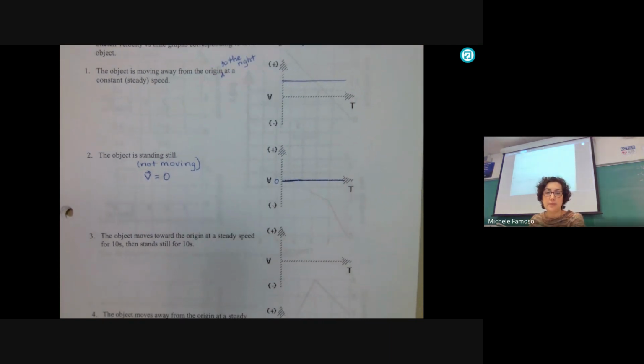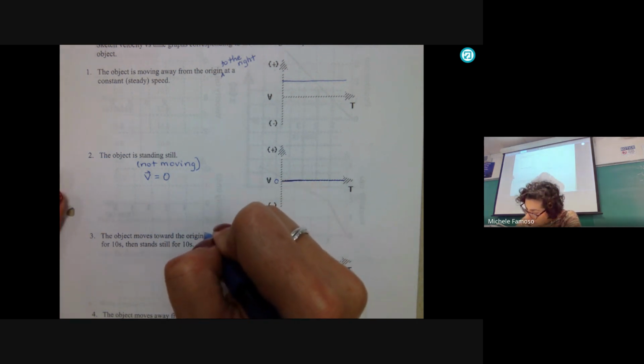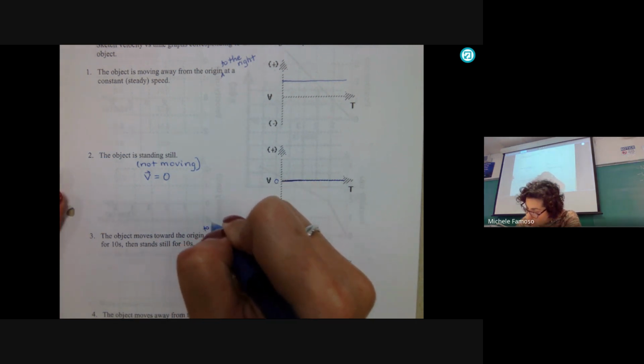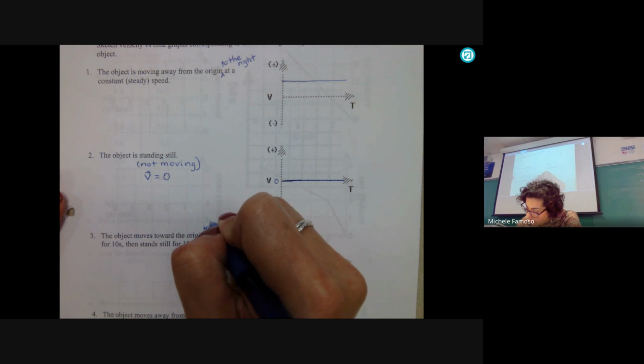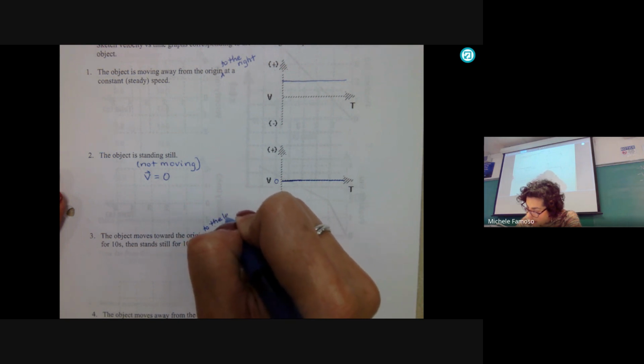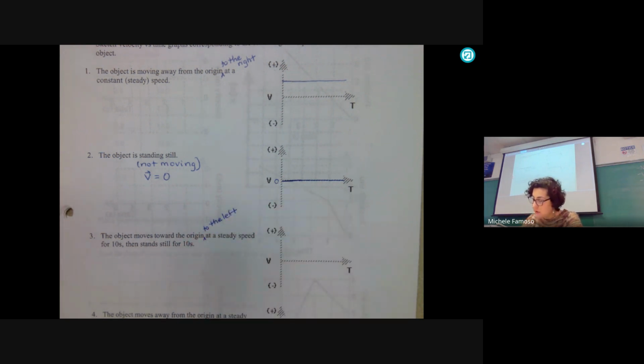All right, number 3. The object is moving toward the origin, let's say, to the left. So it's traveling to the left, which is toward the origin, at a steady speed for 10 seconds, and then it stands still for 10 seconds.